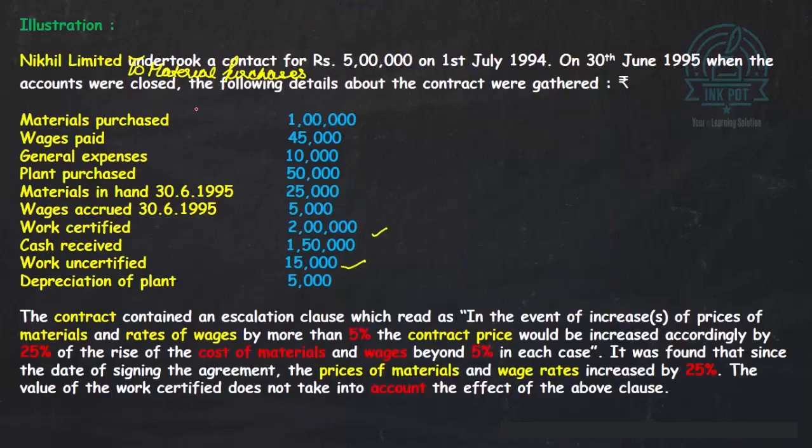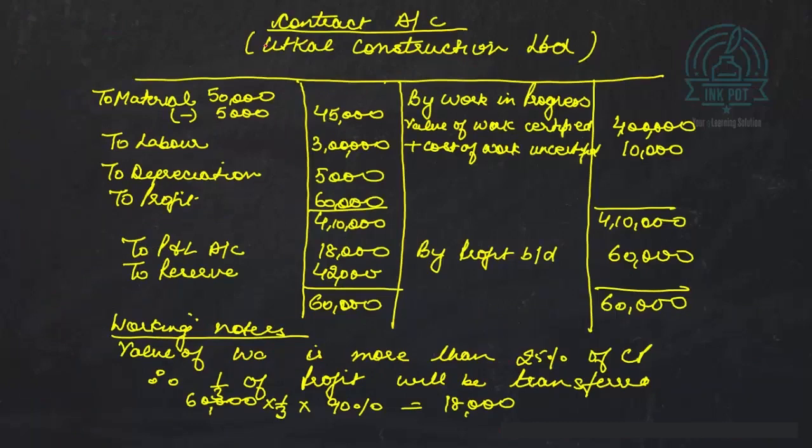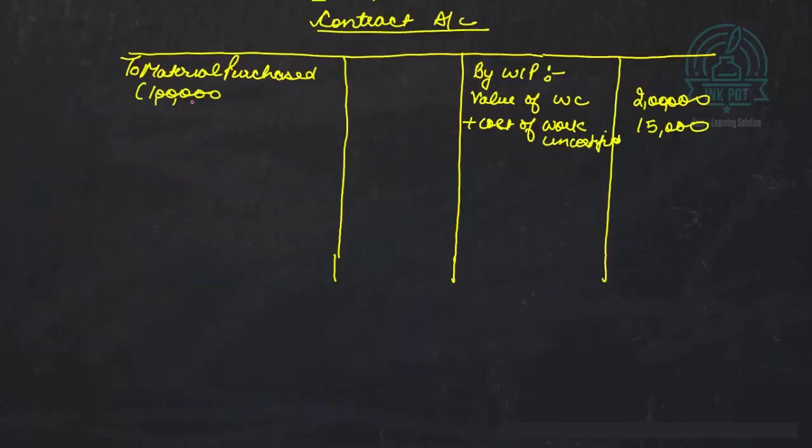Now we are given material in hand on 30th June is 25,000. That means in this particular contract we have used material worth rupees 75,000, because this is the closing value of material. So 1 lakh we purchased and 25,000 is still left with us. So we always take material consumed here. Material consumed is 1 lakh minus 25,000, that comes out to be 75,000, right?